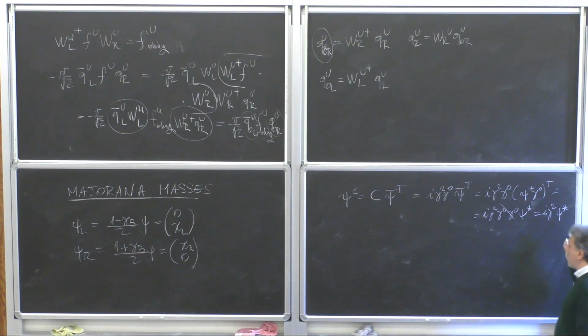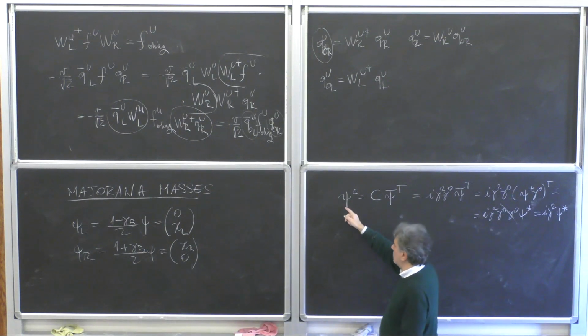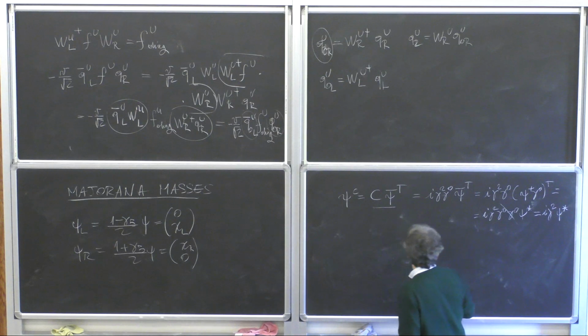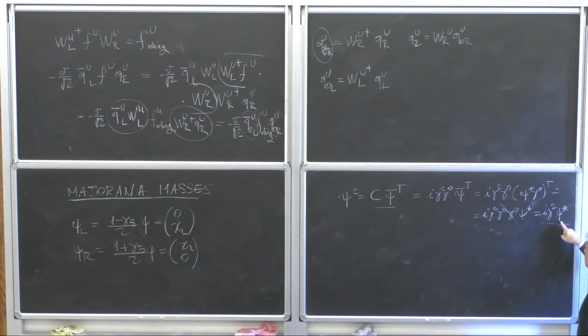So the complex conjugate of the spinor depends on the complex conjugate and on the gamma 2 matrix.